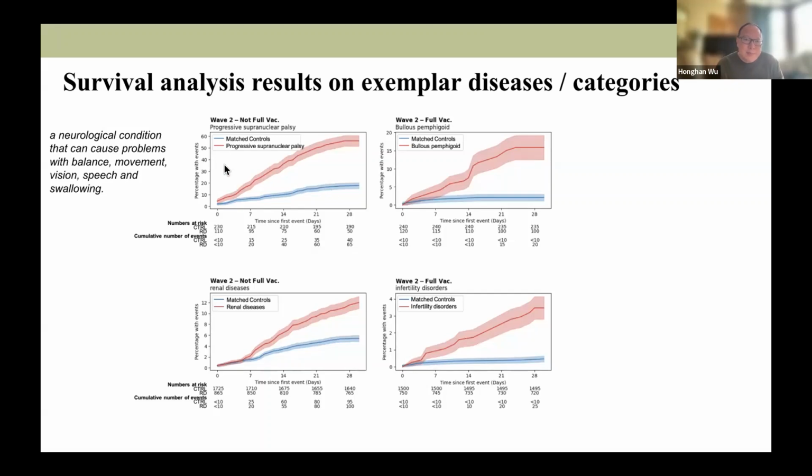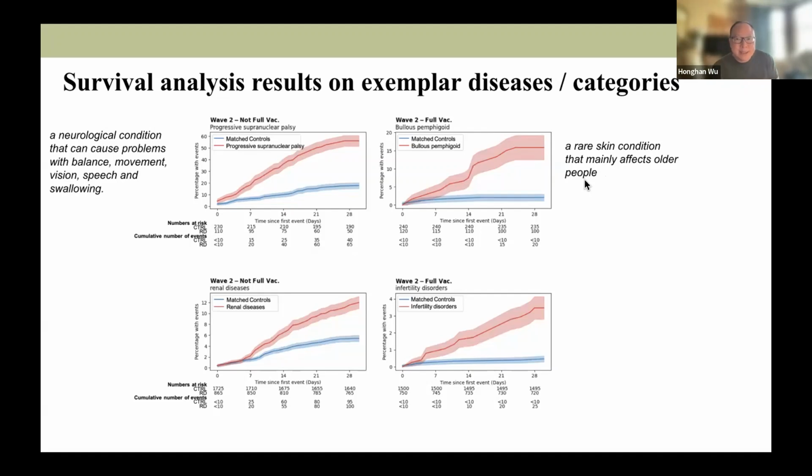As you can see, mortality is much higher for this particular disease if people haven't been fully vaccinated. The top is about 60 on the y-axis. The top right corner is for wave 2 fully vaccinated.